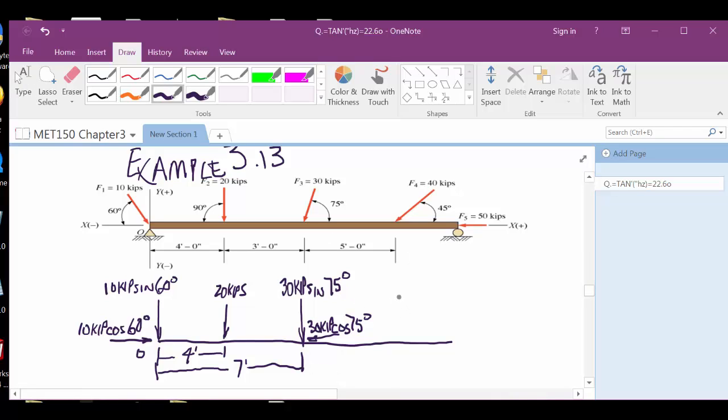Then we've got this force right here, which, as you know by now, is 40 kips sine of 45. And of course you've got 40 kips cosine of 45.